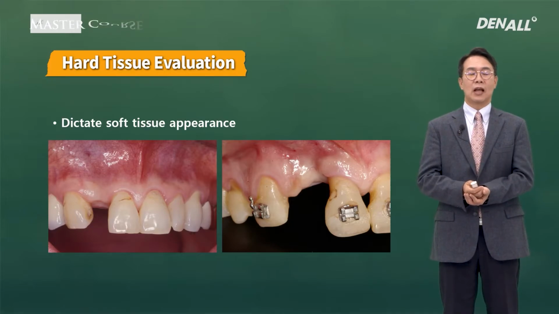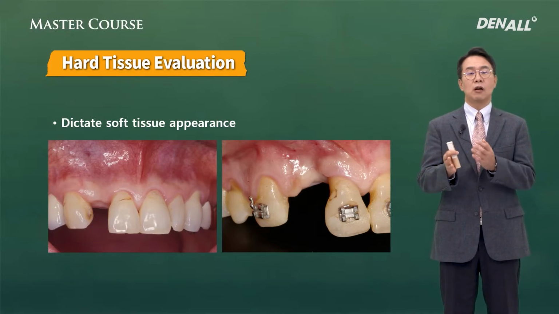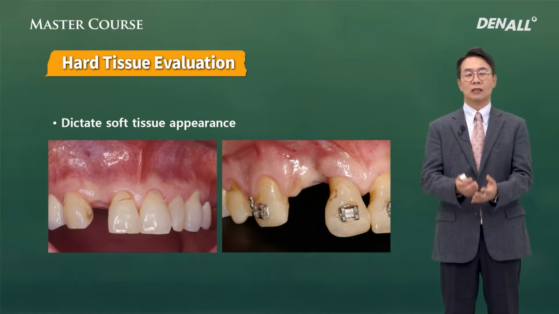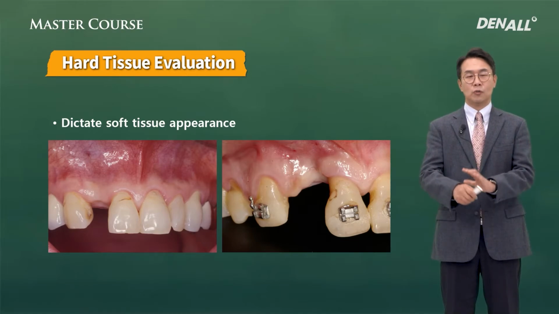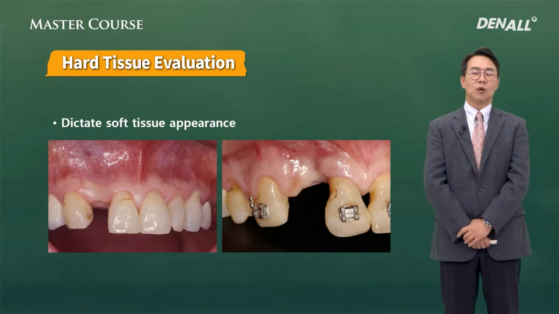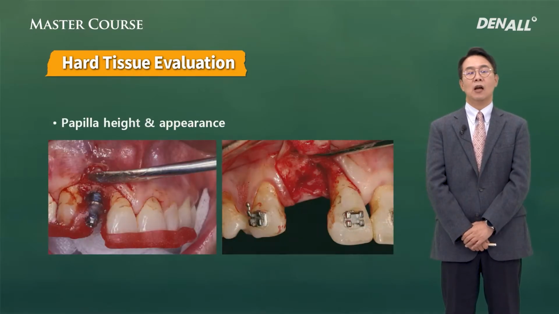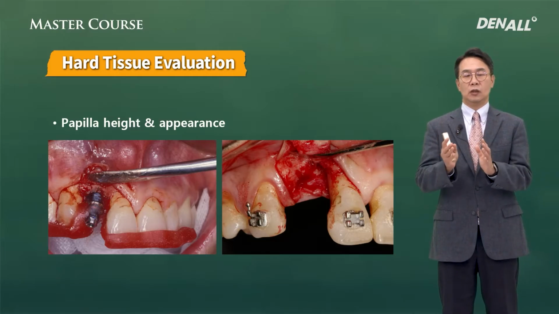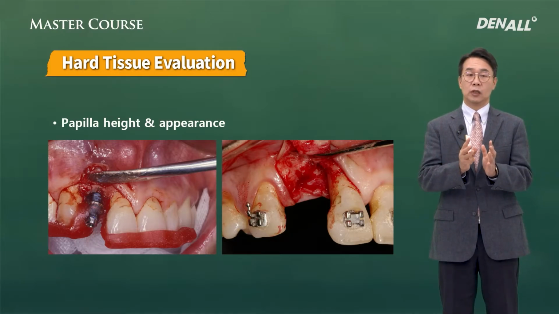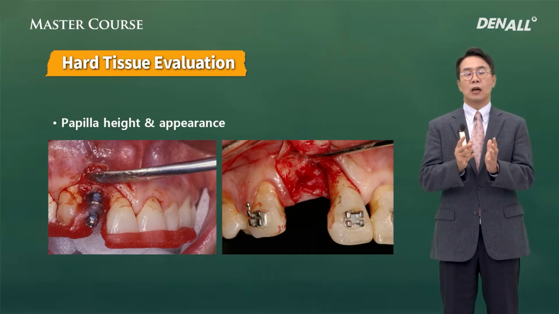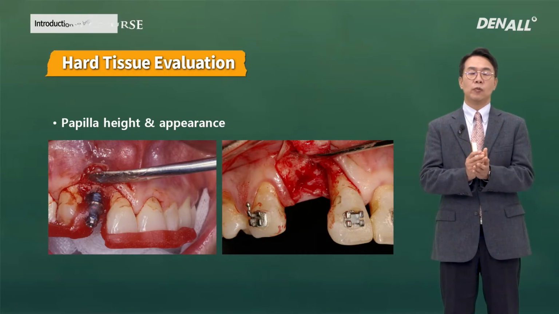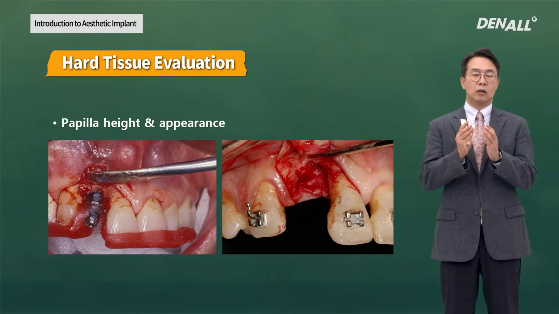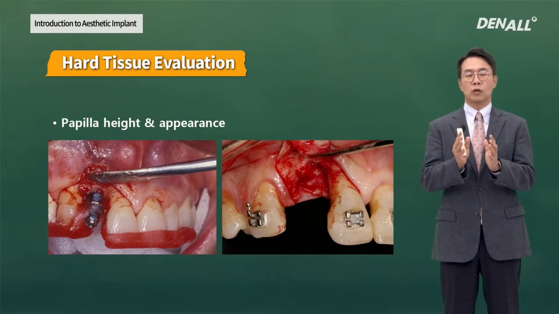If you look at left and right, by looking at soft tissue, we can expect what hard tissue would be like below there. If you raise a flap on the left, the bone height is not a problem compared to the adjacent teeth. But if you look at it closely, there is a bit of bone loss in the interdental papilla area.